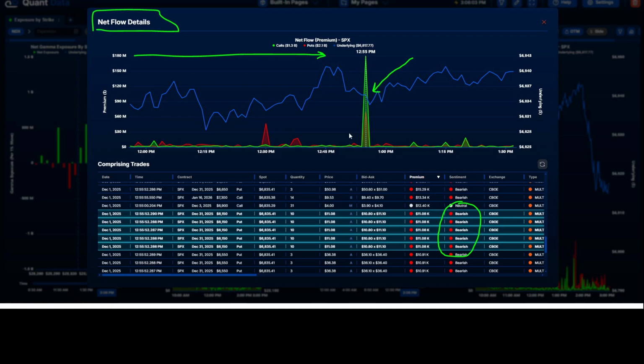If you want to know the detail of that spike, you will click on the spike was made, and this window will display it, and you will see the detail of this spike. As you can see here, you have two spike, one for call, another for put, and you will see here what is the sentiment of that position.